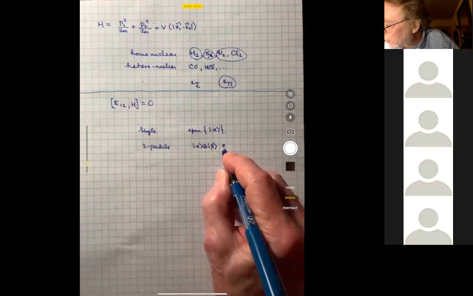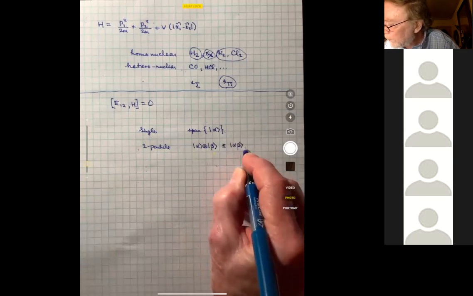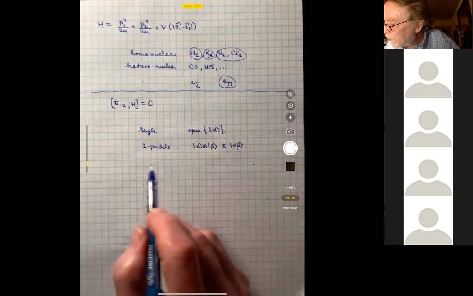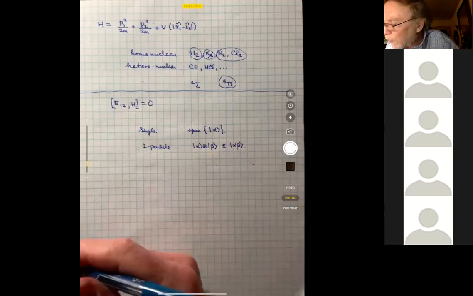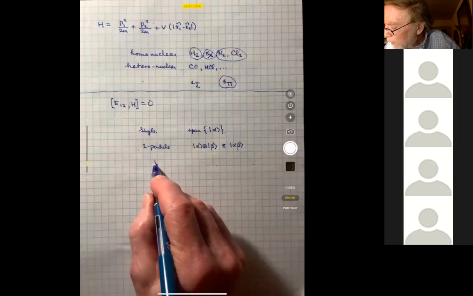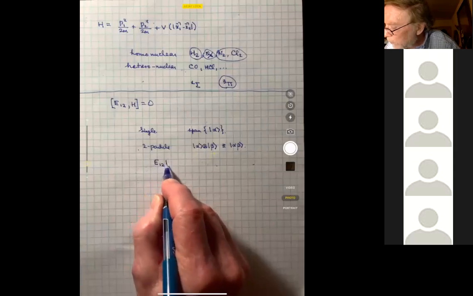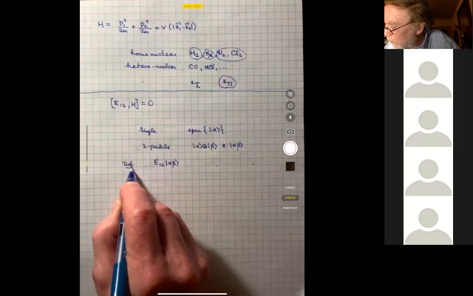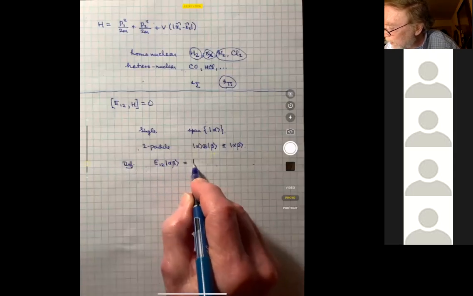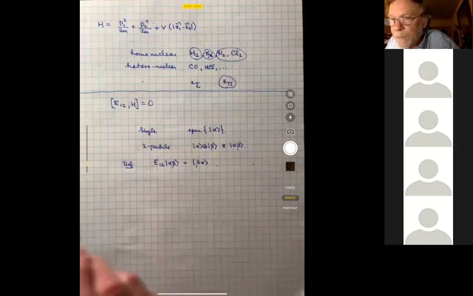Let's write this for shorthand as just alpha beta, and this becomes the set of basis states for the product Hilbert space for the system of two particles. Then the operator E12 acts in the product Hilbert space, and the definition is that it acts on alpha beta and maps it into beta alpha, just swapping the labels of the two states.